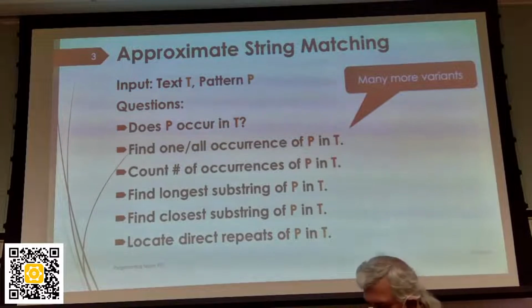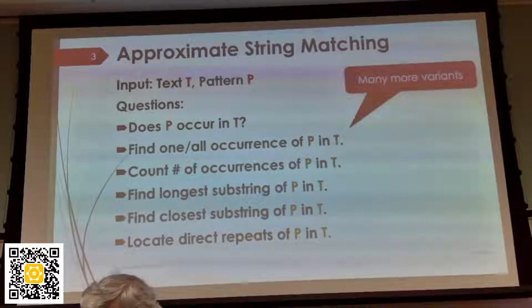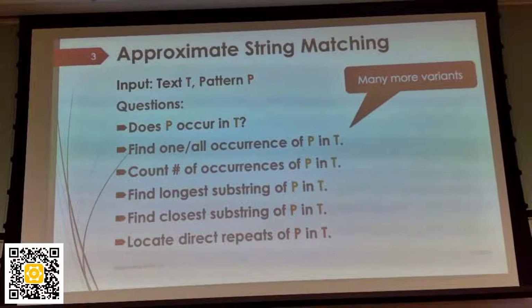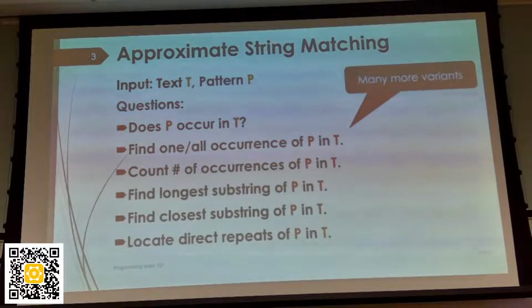You could ask, okay, find me all occurrences of the pattern P, but maybe with 2 or 3 mistakes, or at most 3 mistakes. So I can make the problem as hard and as interesting as I want.